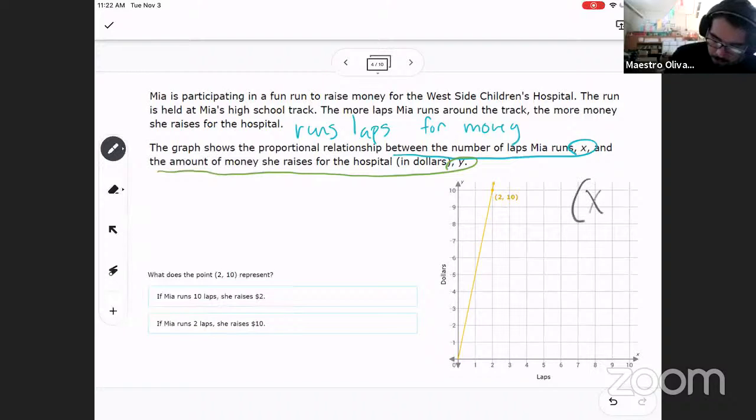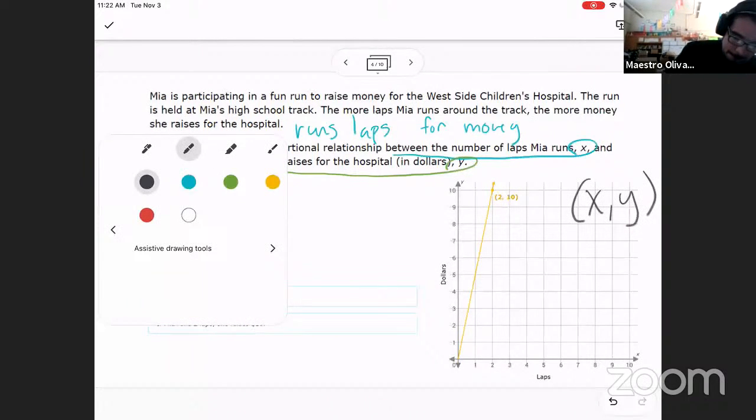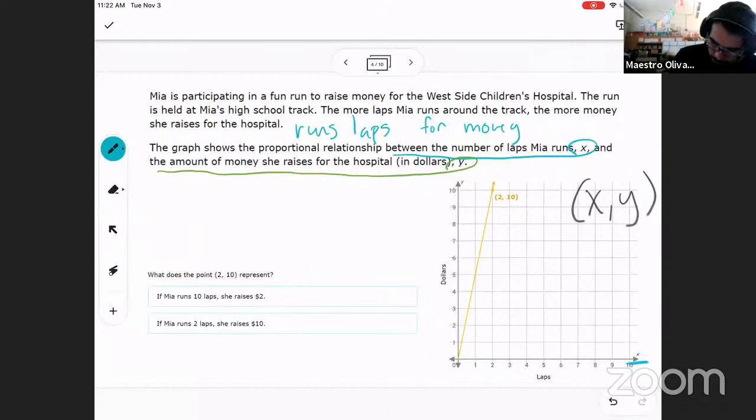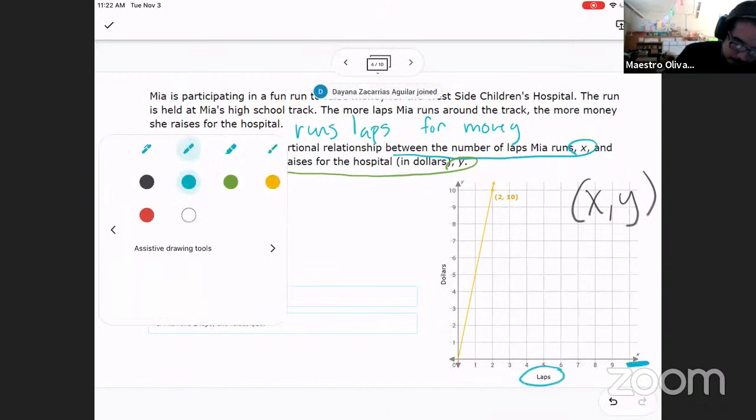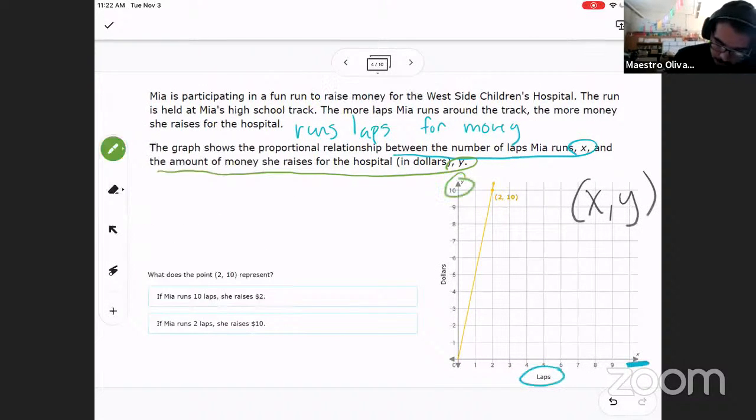So every point is always X comma Y. And here's the X, and it represents laps. And here's Y, and it represents dollars. So I'm gonna go down the list. Marcos, can you go ahead and let me know what does the X represent right here?